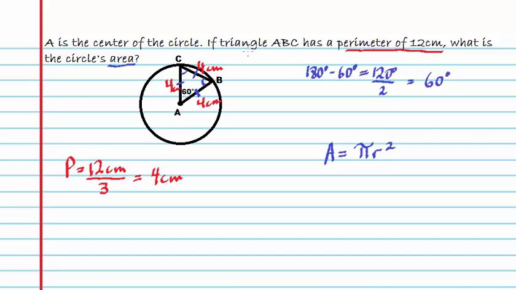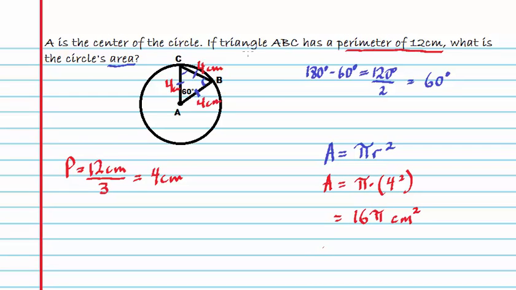AB and AC are examples of a radius, that means I can plug 4 in for R in my area formula. So to finish this one up, the area is equal to pi times the radius, which we just found out to be 4, squared. Okay? So depending on the directions, depending on if it wanted you to write your answer in terms of pi or give an exact answer, this would be 16 pi centimeters squared because it's area.